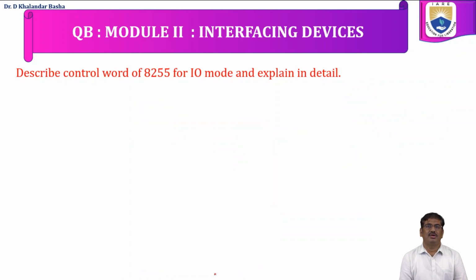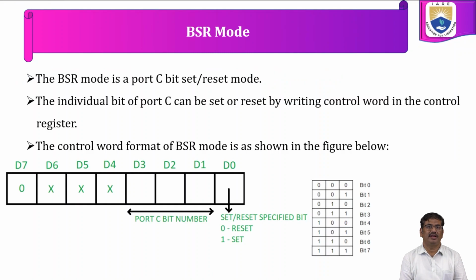Next, describe the control word register of 8255 for IO mode and explain in detail. We have two modes actually, BSR mode and IO mode. In the BSR mode, only port C bits can be set or reset. In the BSR mode, the MSB bit is equal to 0 and the last bit is used for either reset or set.